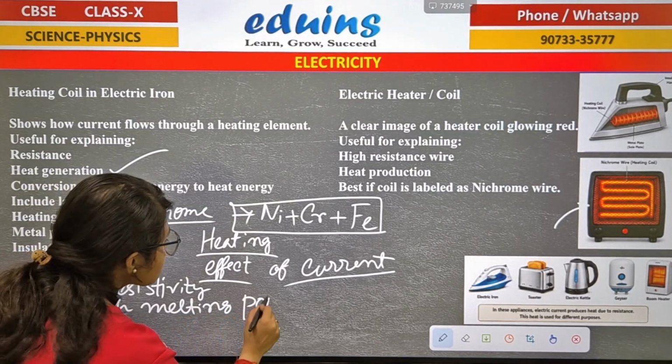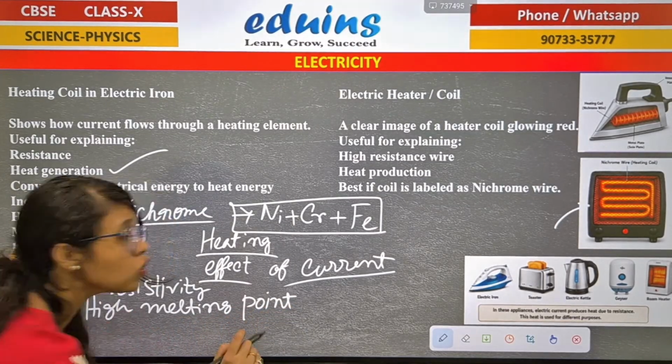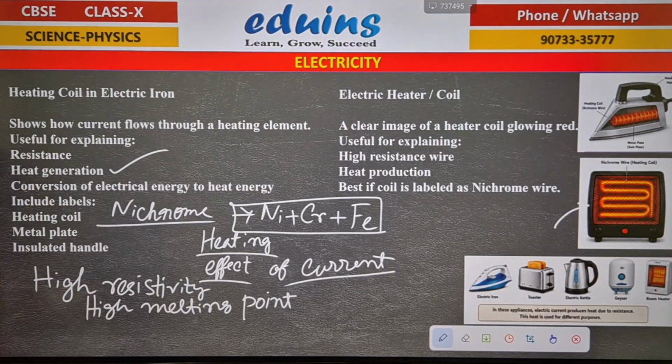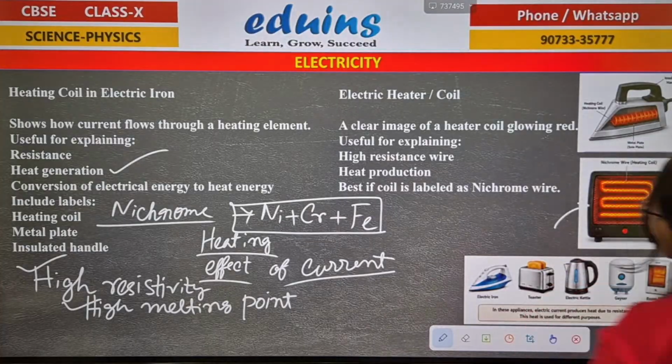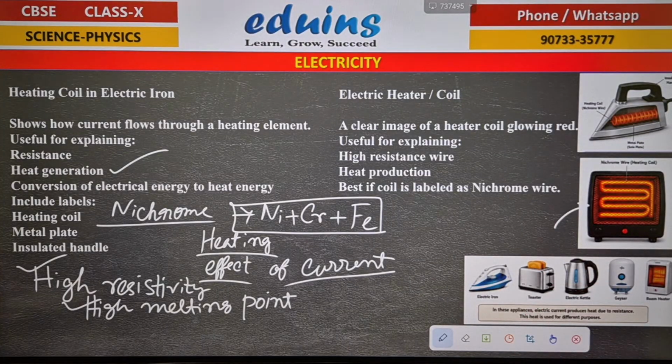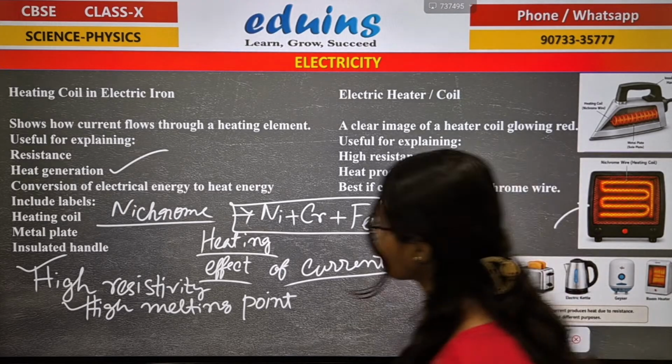These are the two most important characteristics of nichrome wire, and that's why it is used. This is the base coil, the nichrome wire. So that's how, by application of Joule's heating law, these household appliances work. This is the main rule.